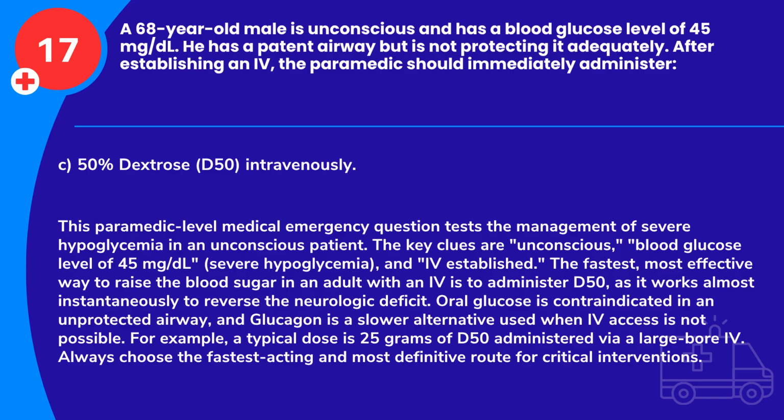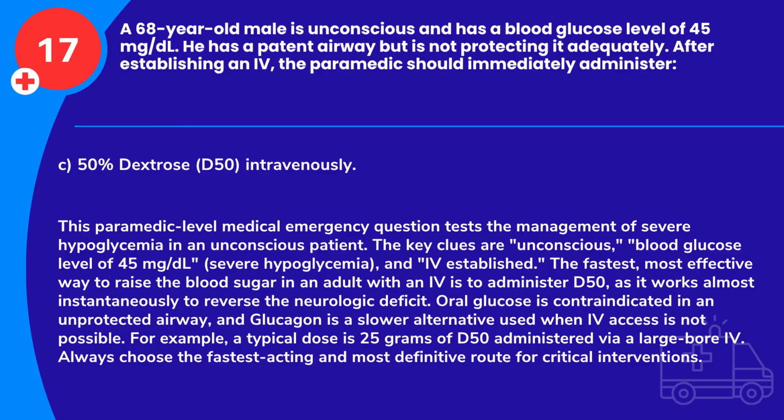This paramedic-level medical emergency question tests the management of severe hypoglycemia in an unconscious patient. The key clues are unconscious, blood glucose level of 45 milligrams per deciliter, severe hypoglycemia, and IV established. The fastest, most effective way to raise the blood sugar in an adult with IV access is to administer D50, as it works almost instantaneously to reverse the neurologic deficit.